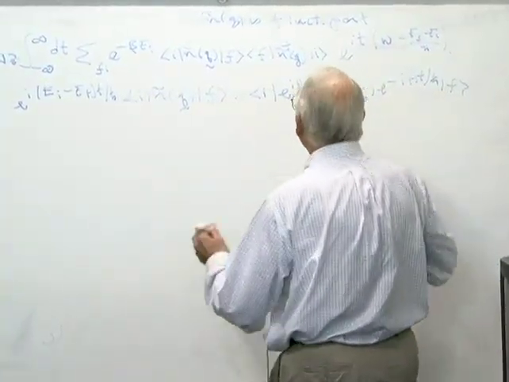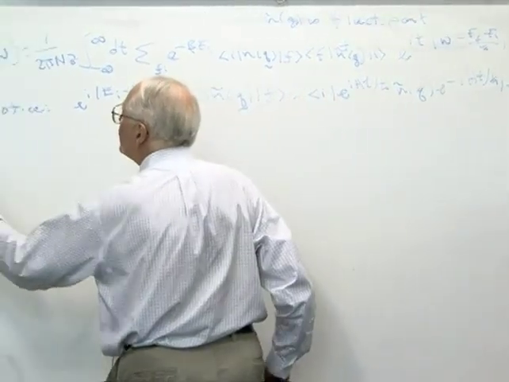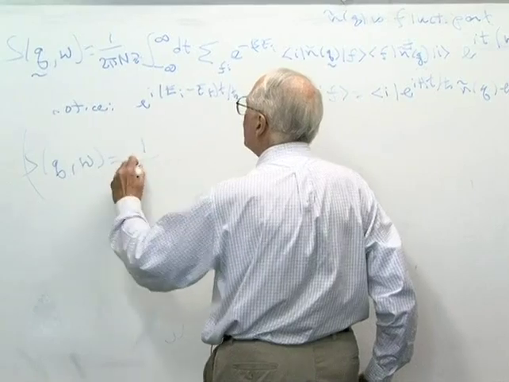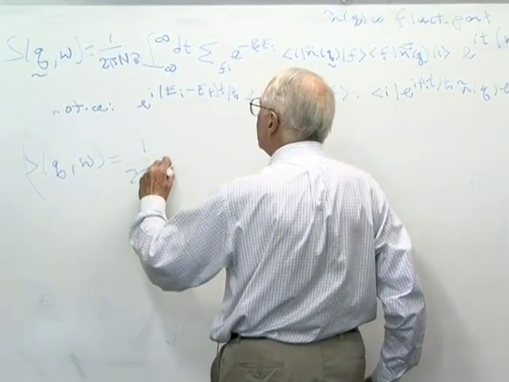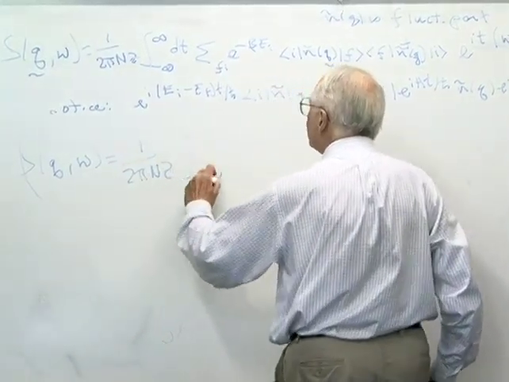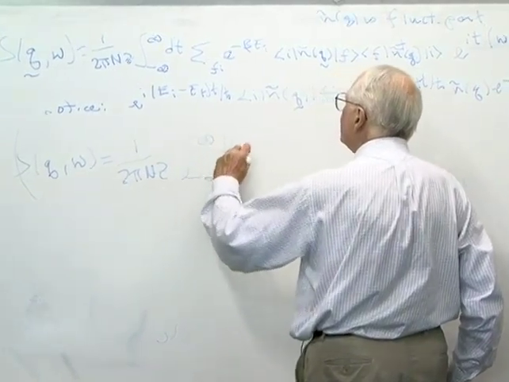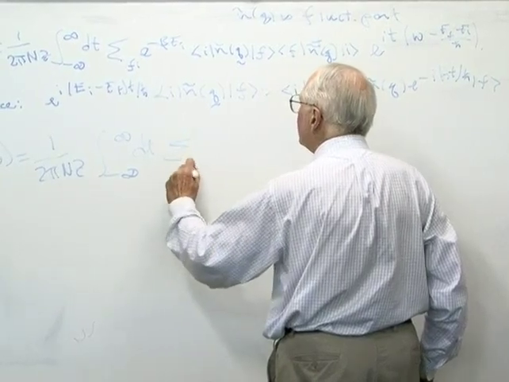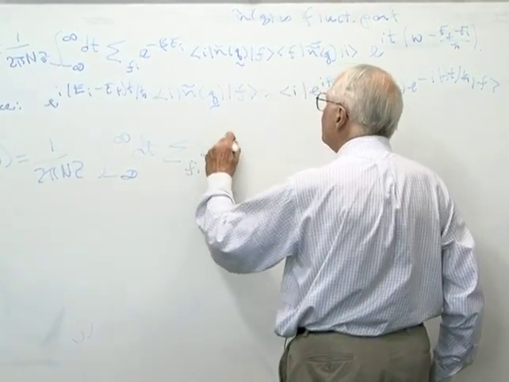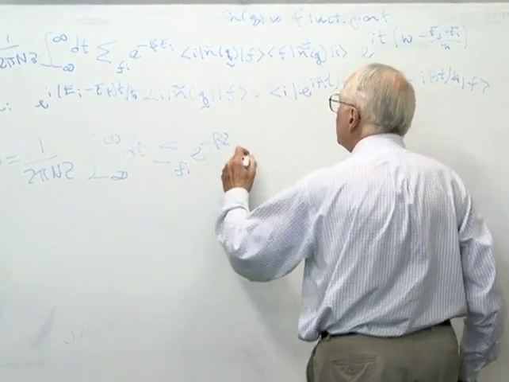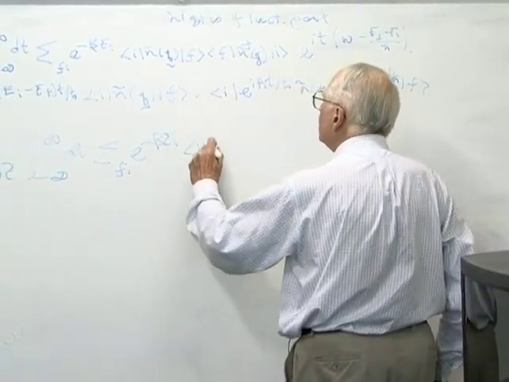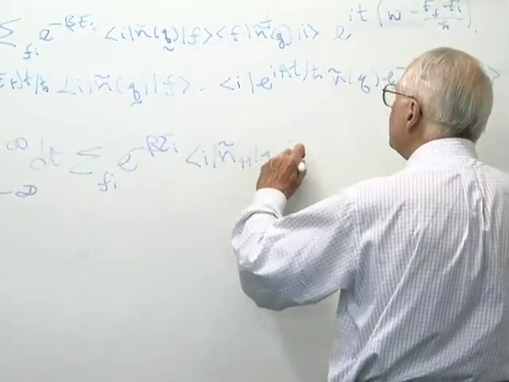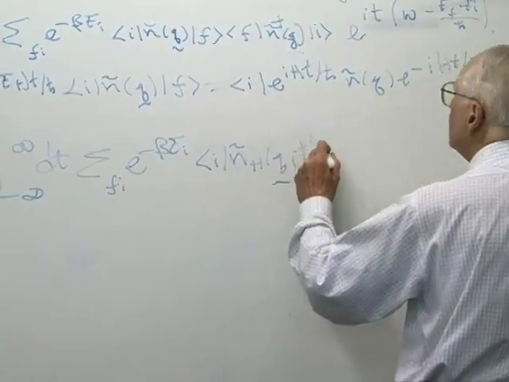So now I can write this as S of q and omega equals 1 over 2 pi n z, integral from minus infinity to plus infinity dt, sum on f and i, e to the minus beta E_i. Now I get i n tilde Heisenberg of q and t, f.